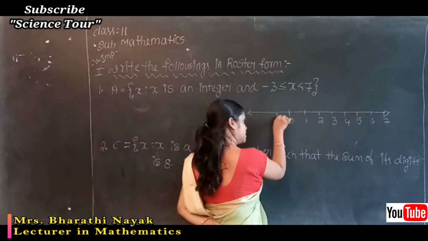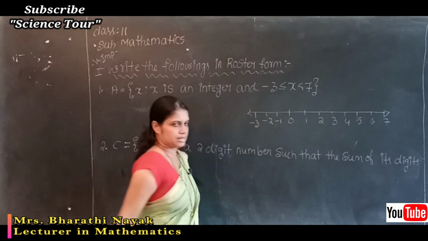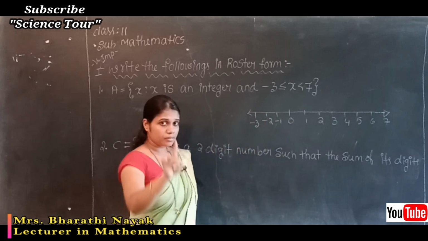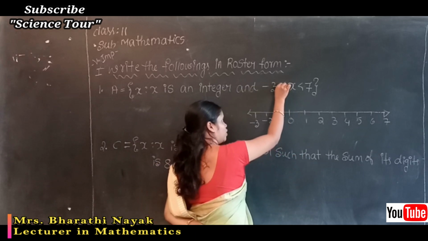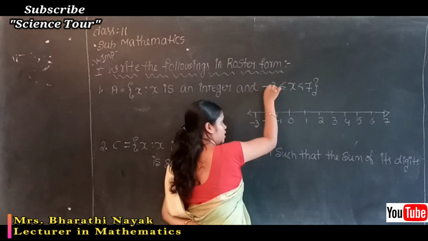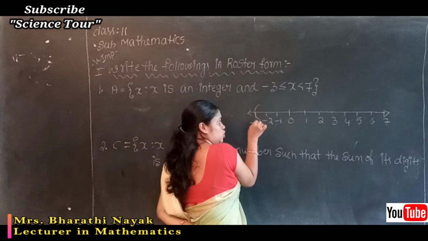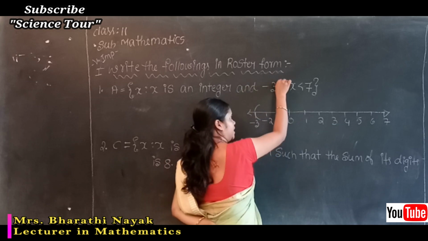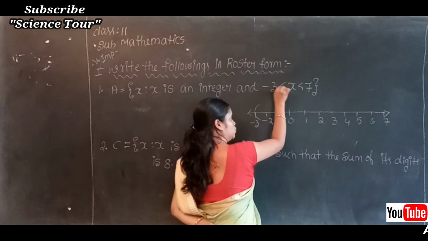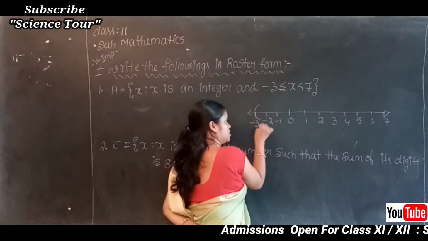Again on the left hand side -1, -2 and -3. Where is your -3? So this is your -3. Can I choose this -3? Yes, because here greater than or equal to is given. So therefore I can choose this -3.